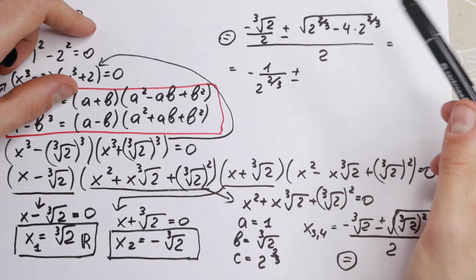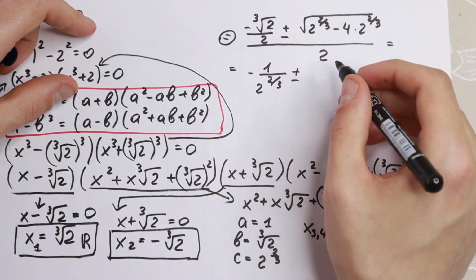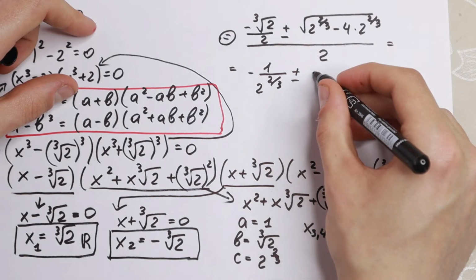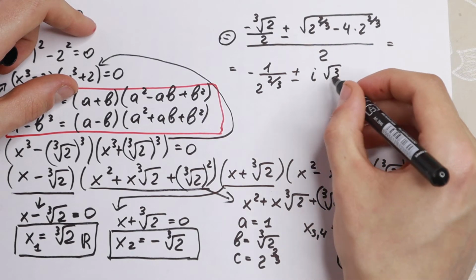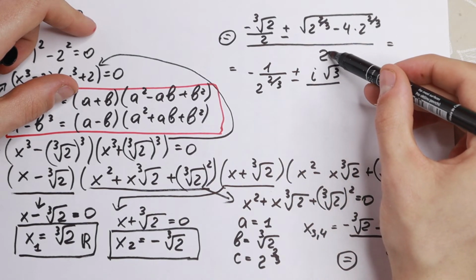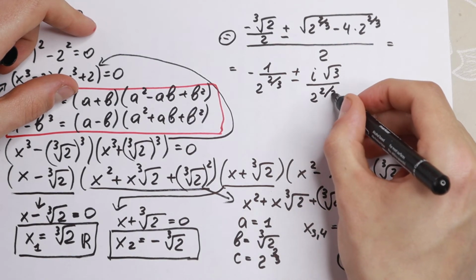We will have minus 3 to the power 2/3. And we all know that square root of minus 1 will be equal to i. And if we subtract this power from this one, we will have 2 to the power 2/3.